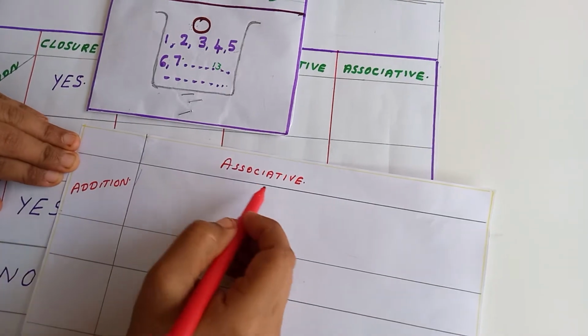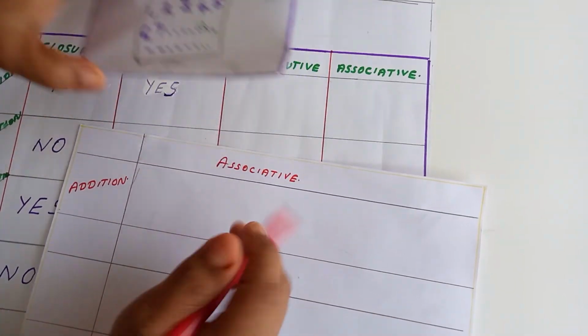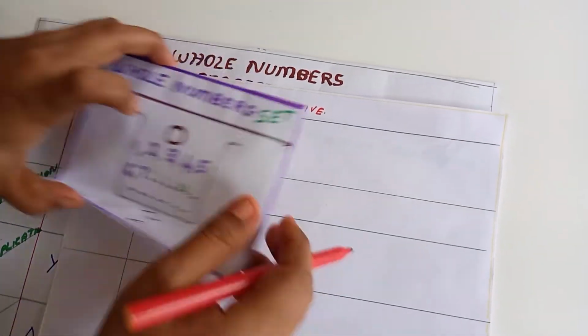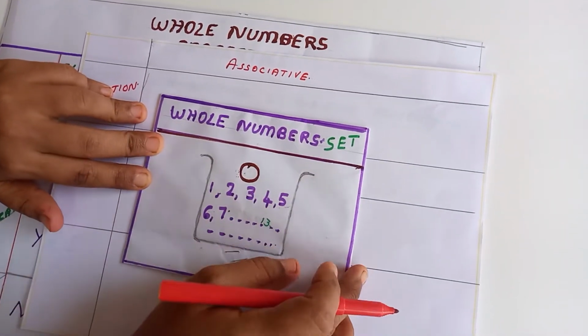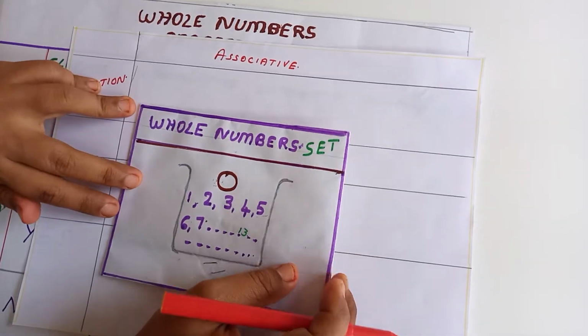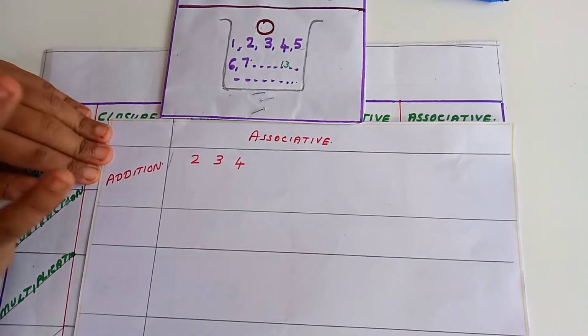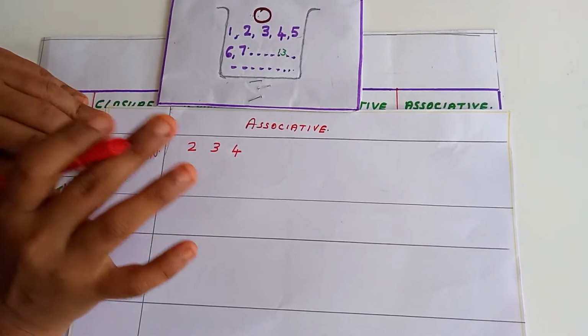So for this associative property, select 3 numbers from this whole number set, just to make our calculation very easy.